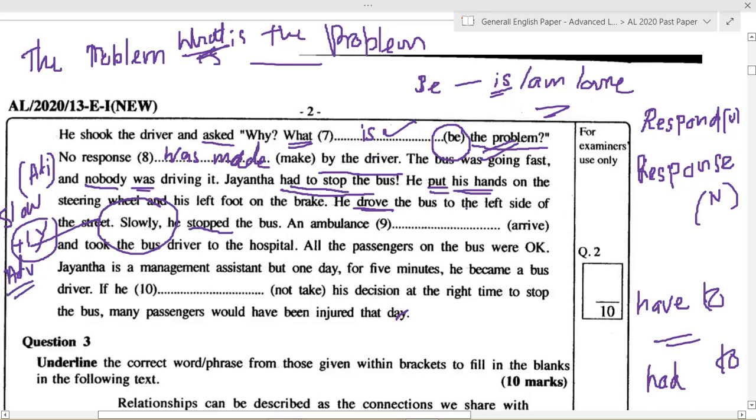Stop slowly. He stopped the bus slowly. Had it been written after the bus, it would have been better off, but this is also a way of writing this, right? So slowly.